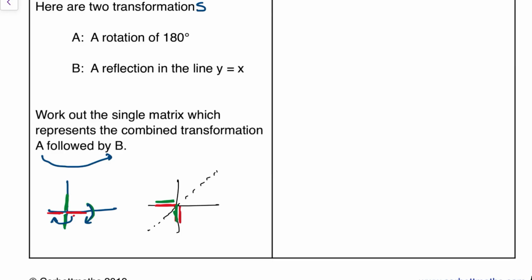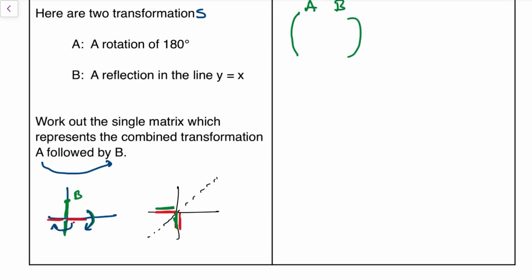Now, hopefully you followed what I did there. Originally A and B were 1, 0 and 0, 1. And the new versions of A and B, which we're going to call A prime and B prime, there we go.